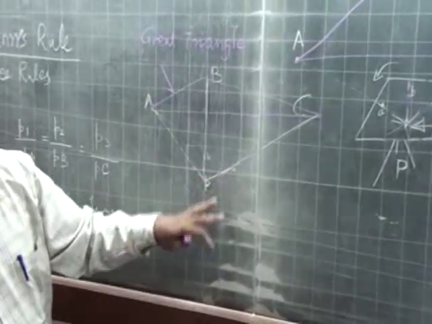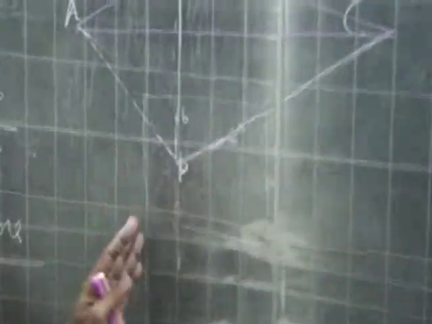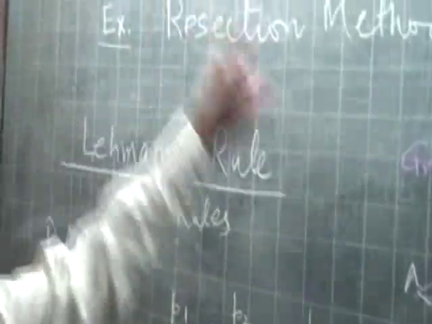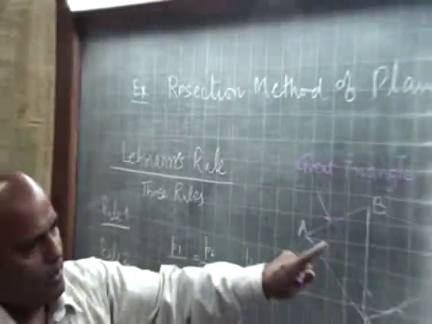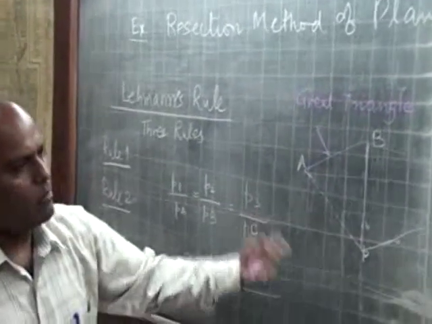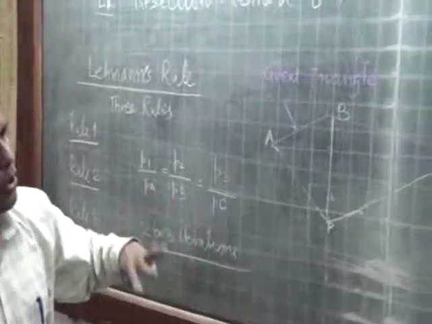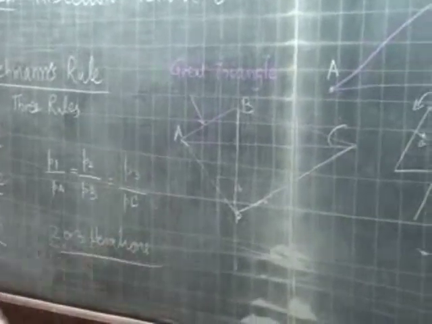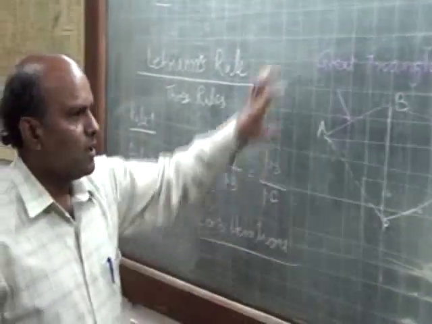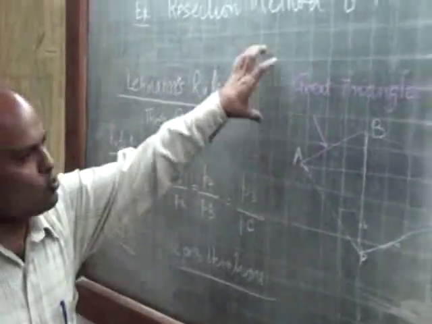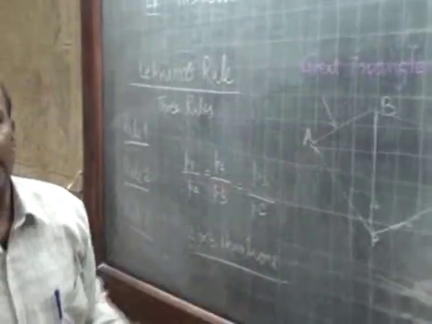Once we know this position and once we shift and know another position, we can use the intersection method. So the resection method is only to determine the position. For plotting the details, we have to use either the radiation method or the intersection method, and now we will also use the level and the staff. These instruments we will also use for plotting the details.